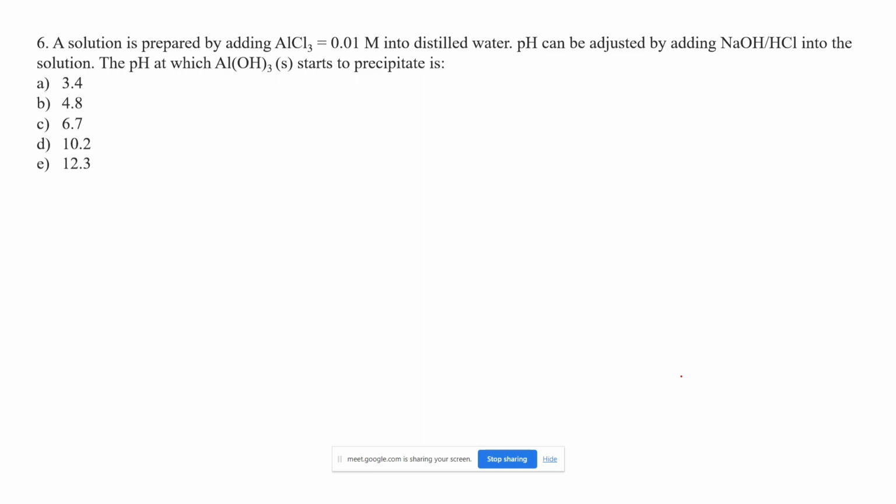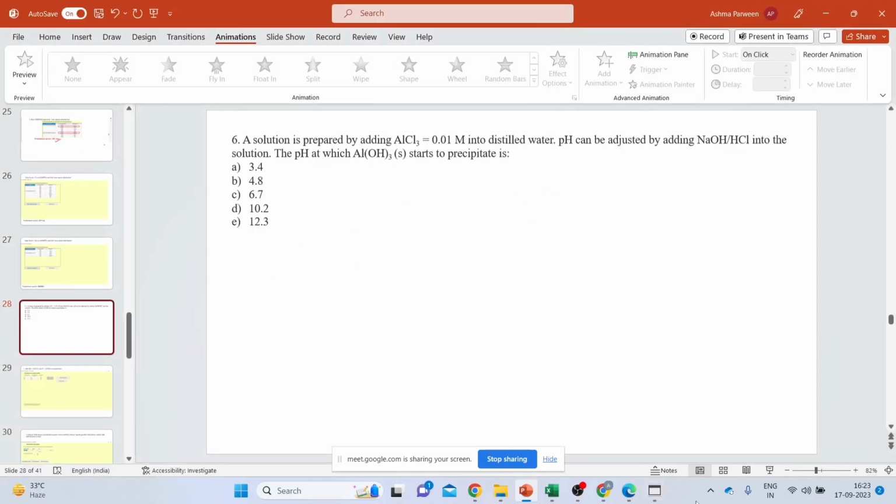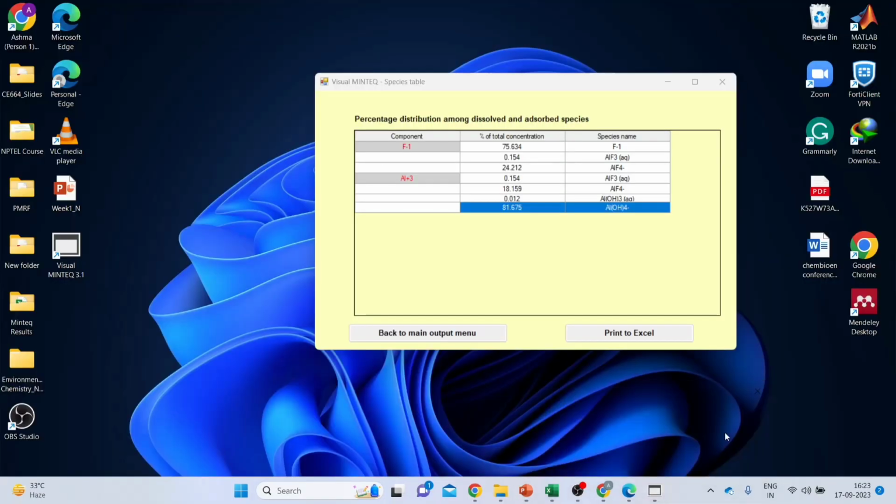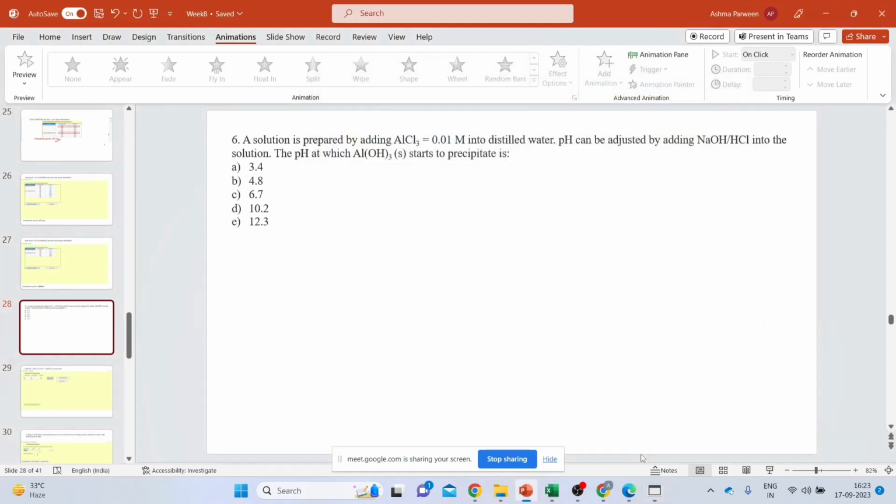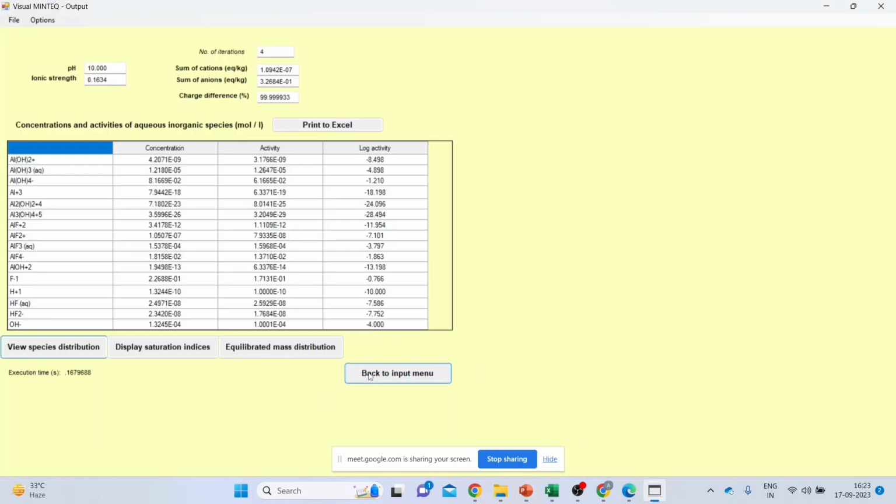So this is the first question based on precipitation. So we are adding aluminium chloride in the system and we have to see at what pH aluminium hydroxide starts to precipitate. So let's go to Minteq and solve this question. So first we will reset everything.